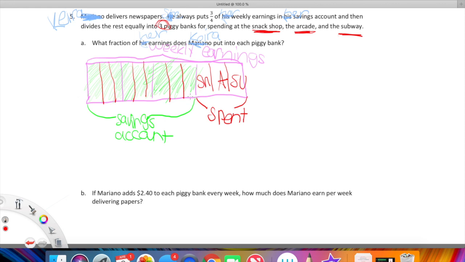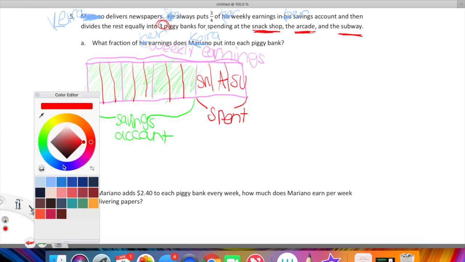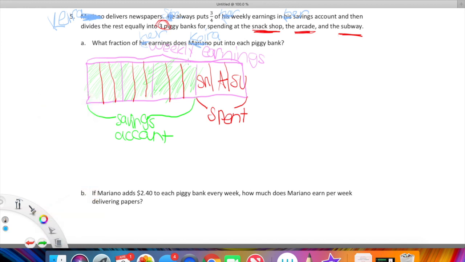Since this part is equal to 1/4, we will do 1/4 divided by 3 from these 3 parts.